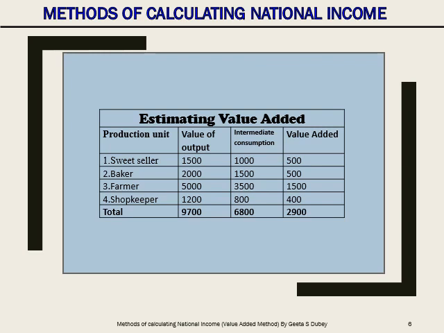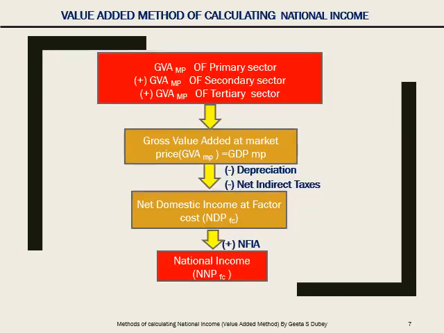Having estimated gross domestic product at market price, we find out net national product at factor cost by subtracting depreciation, net indirect tax, and adding net factor income from abroad. This was about a hypothetical economy with only four producers, but in reality, there are n number of firms. So, how do we calculate them?